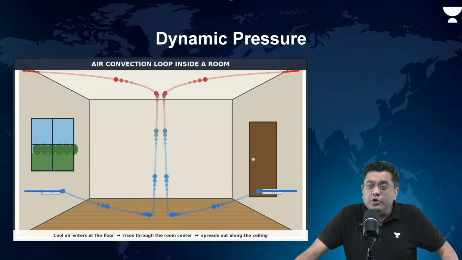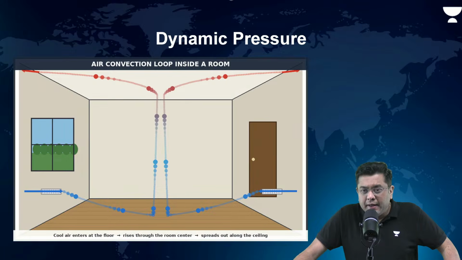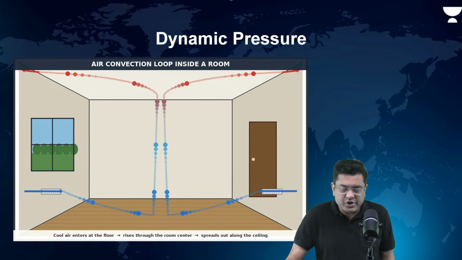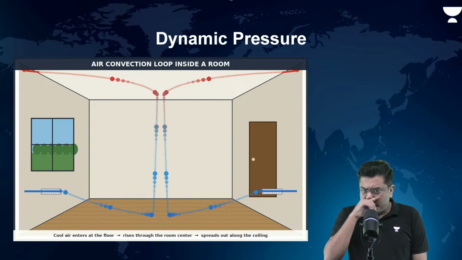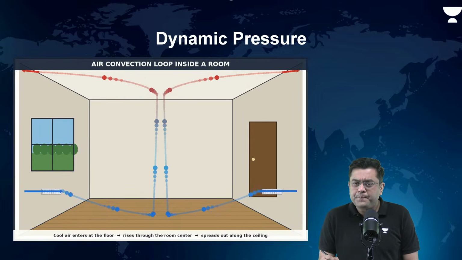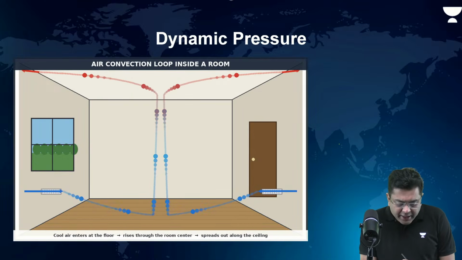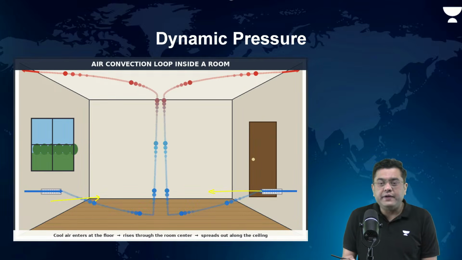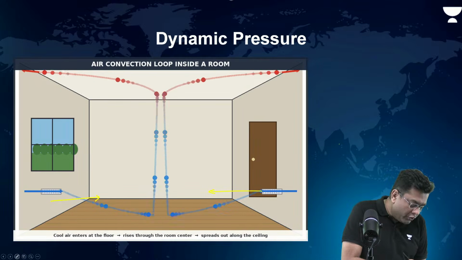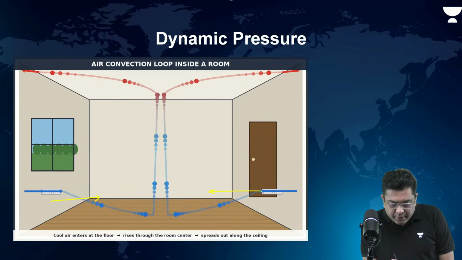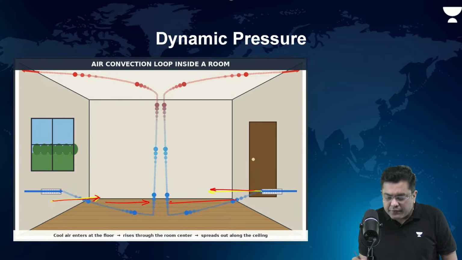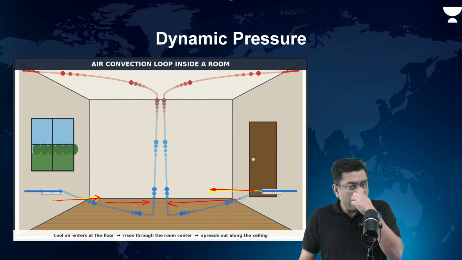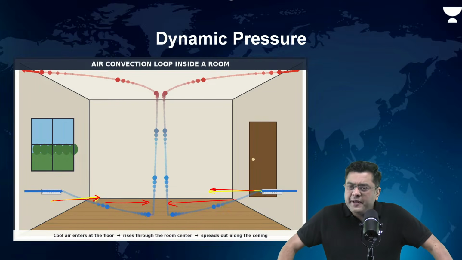This is what is referred to as the dynamic pressure. What is the concept of a dynamic pressure? Understand this. Let's suppose the room that you are sitting in. Now, in that room, if I provide air movement near the ground surface from both sides, you can see the arrows also, air movement from both sides. Now, this air, when it converges, where will it go? It has got no other place to go.